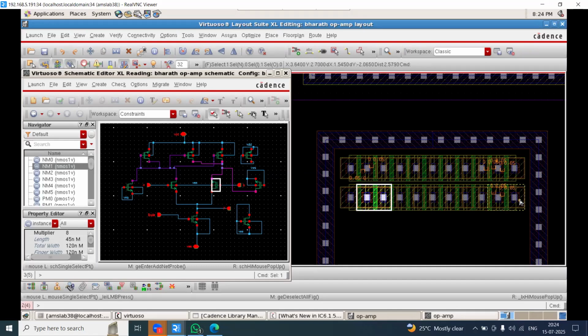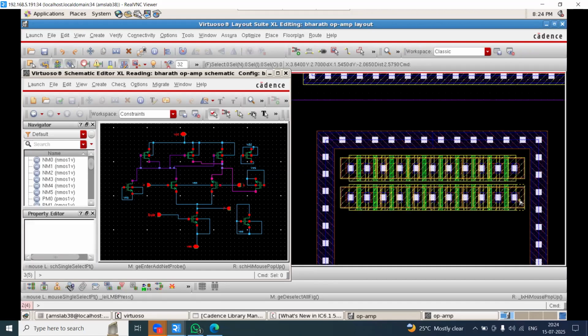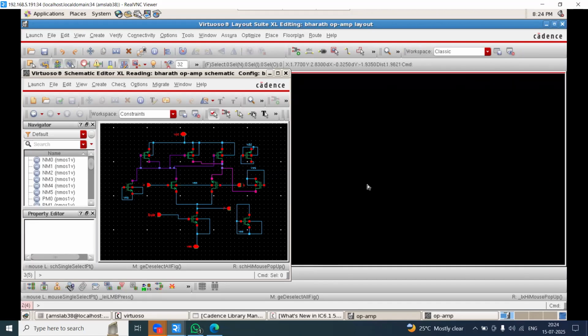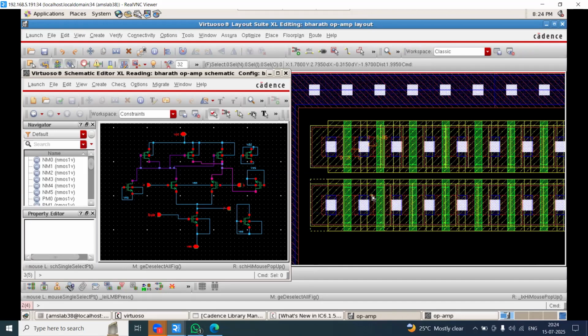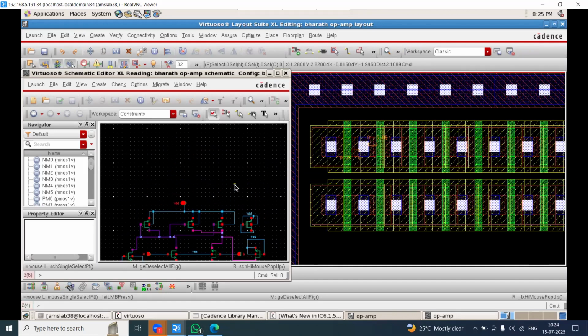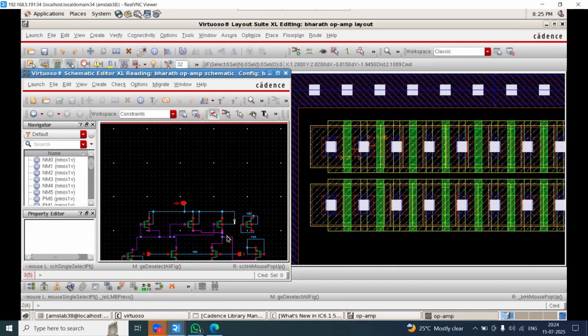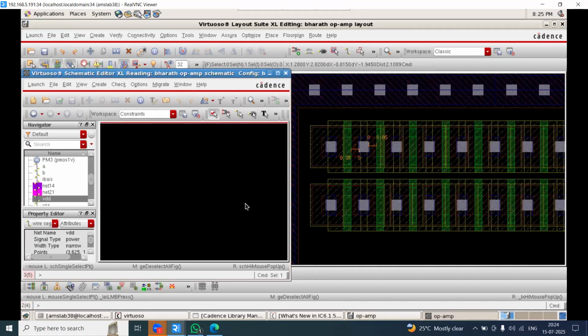Is it clear? Sir, in the place of a full dummy, can we use a half dummy, sir? When we use a half dummy, it means we are getting a signal at the corner. If this is a common net, this is one device.